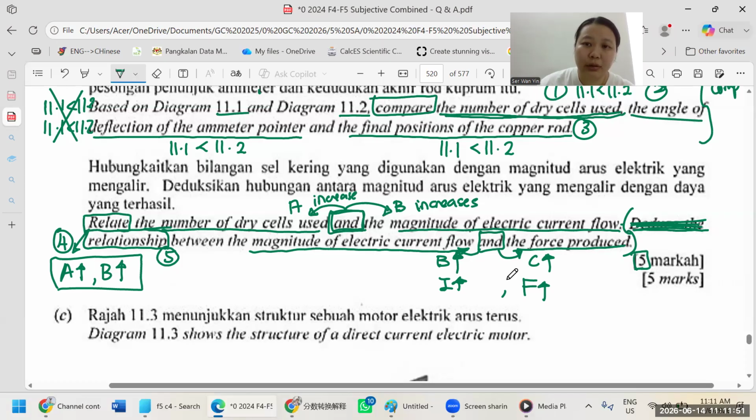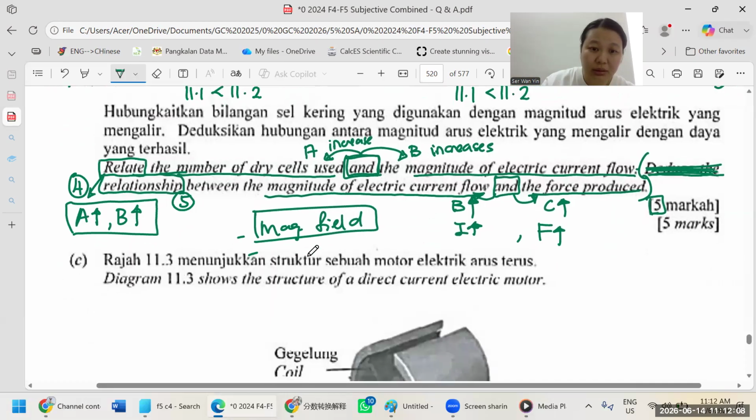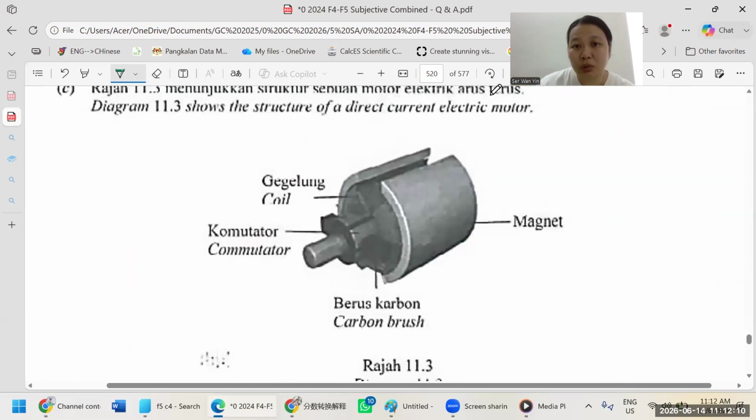What are the keys they don't use? Magnetic field, catapult field, Fleming's left-hand rule. They don't talk about these here, but they will surely talk about them after this. Like again, the motor: see the magnet, see the curve, see the carbon brush, commutator, coil.